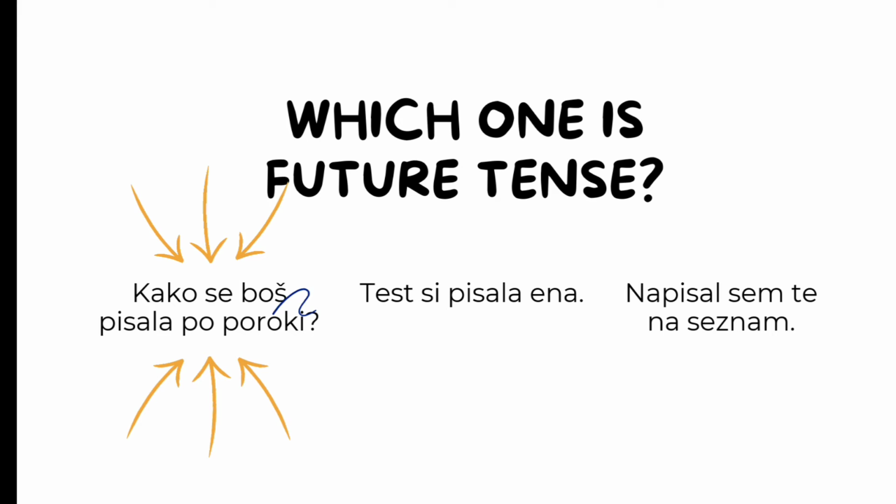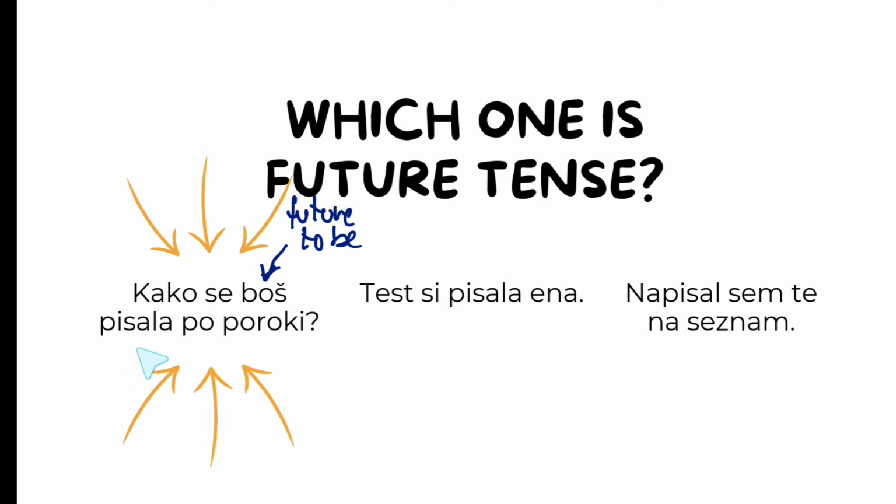How do we know? Well, first of all, the big indicator is boš, which is future to be. So future to be. That is a huge indicator, so we know it's not present or past tense. Now, then we have pisala, which is an L ending.